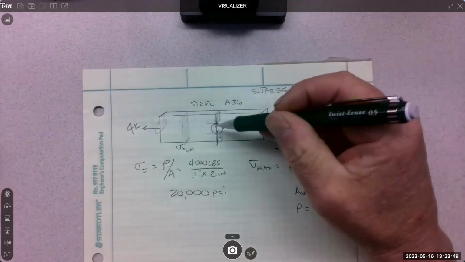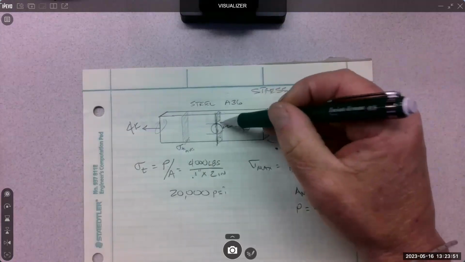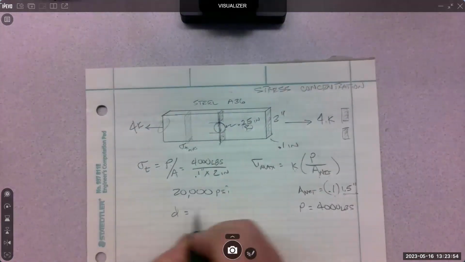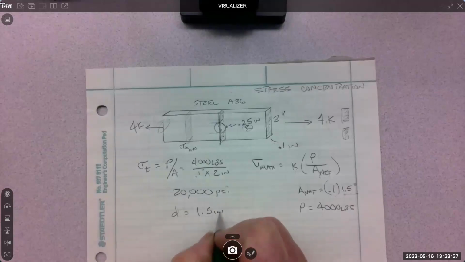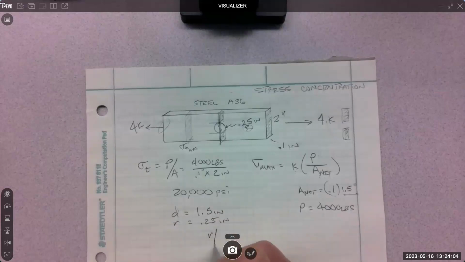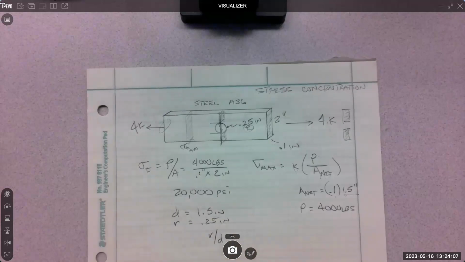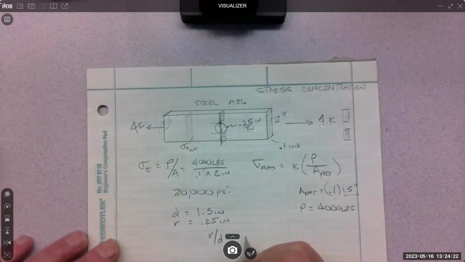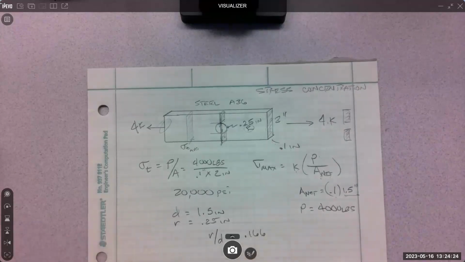It's 2 minus the 1/2 inch, 1.5 inches for D. So D equals 1.5 inches, R equals 0.25 inches, and my R to D ratio would be 0.166. It's unitless.